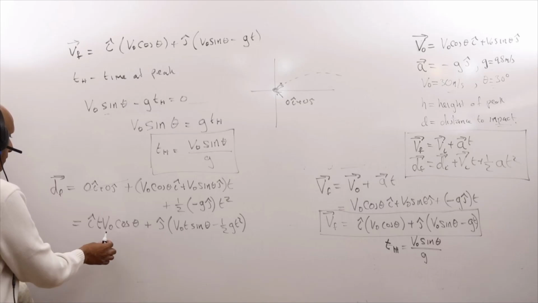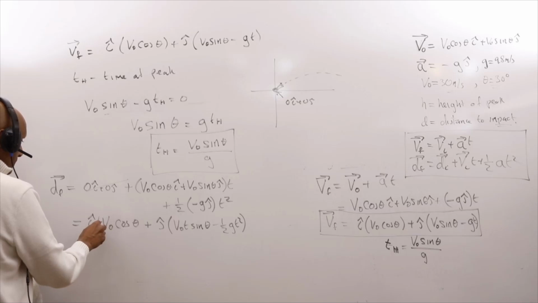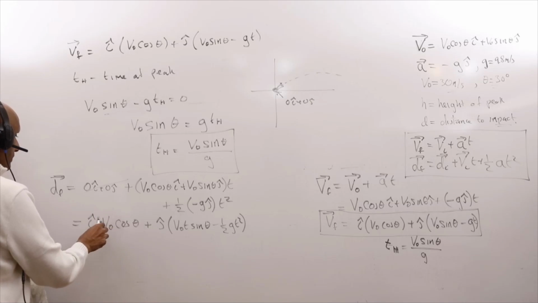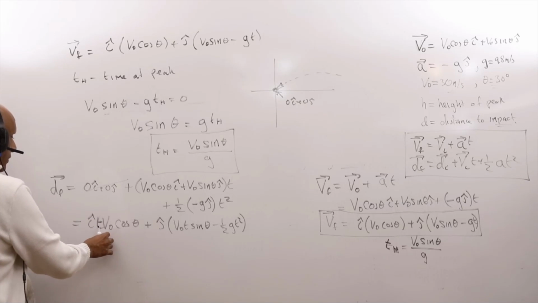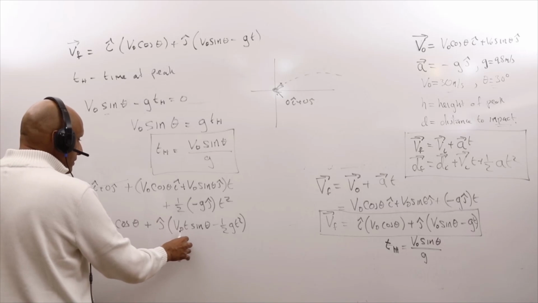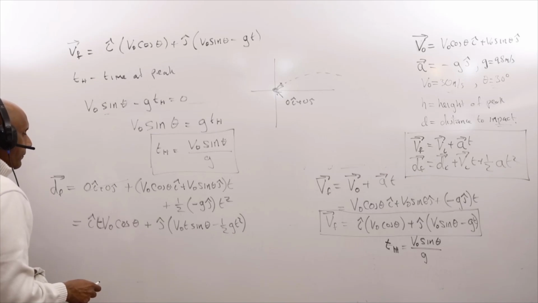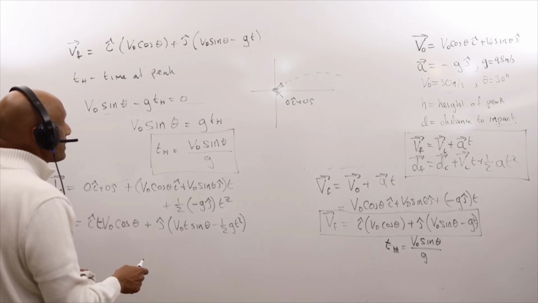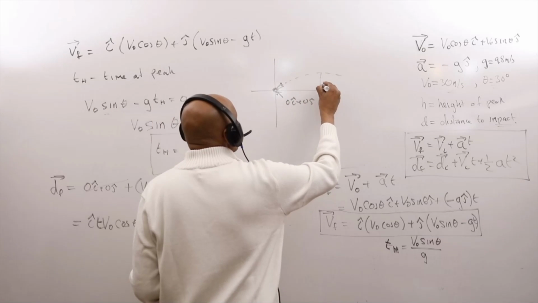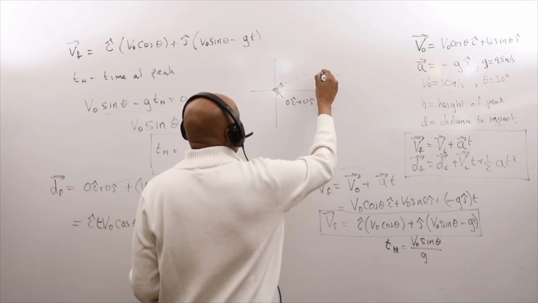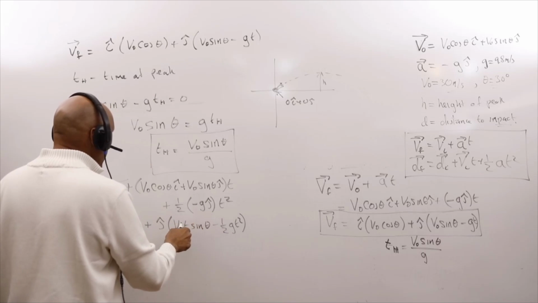So here's t. This is the position to the right, and this is the up and down position of the object for any time t. Now, what I really want is the height where this object is, which is this component at TH.